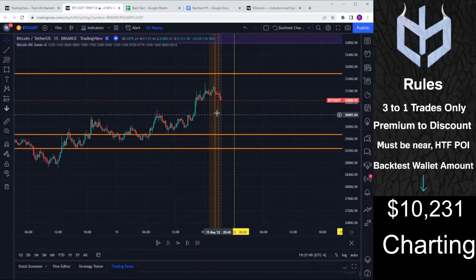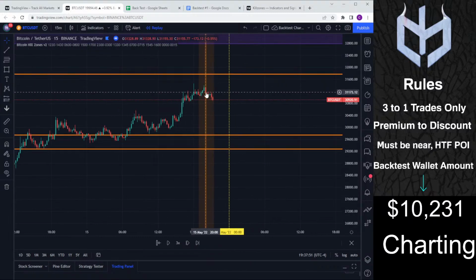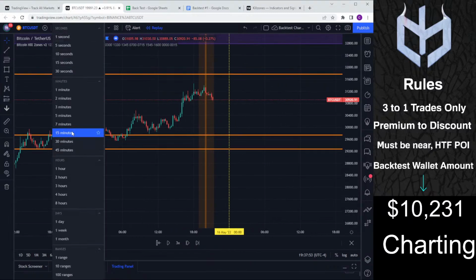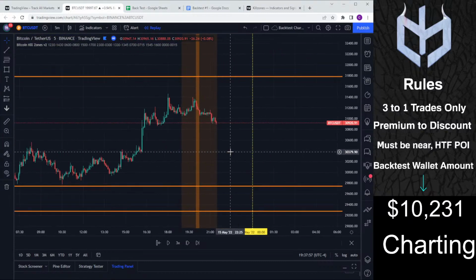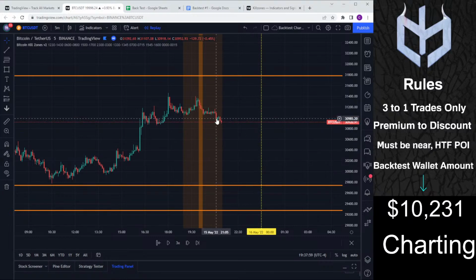Boom. We broke it. Let's go ahead and dive in here, see if I can get an entry. Little fair value gap here. Let's take the first trade.